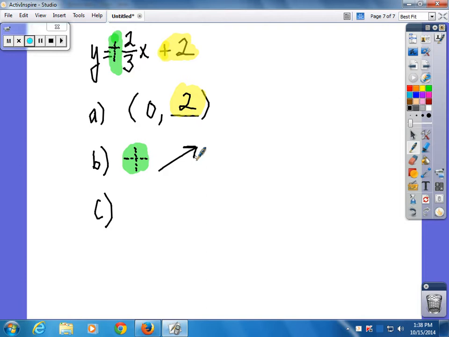And then I'm going to take my blue highlighter and highlight this right here, that 2/3. That is my vertical over my what? Vertical over horizontal.